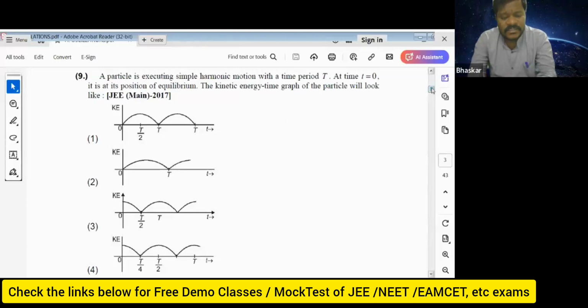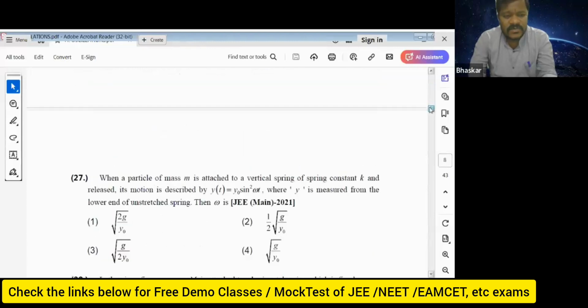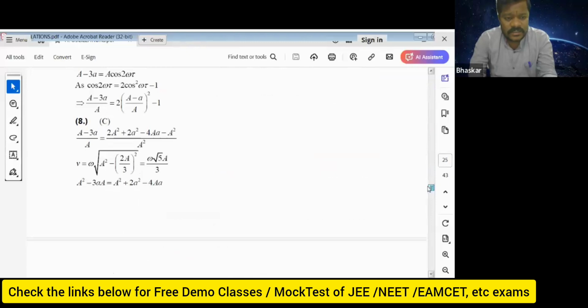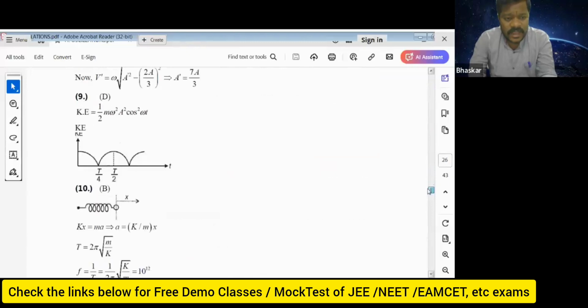So I'll see the answer here first, because sometimes the position is making something else. Here the formula is nothing but half m omega square a square cos square omega t. Because the body is being displaced from the equilibrium position, you should not consider that initial case.